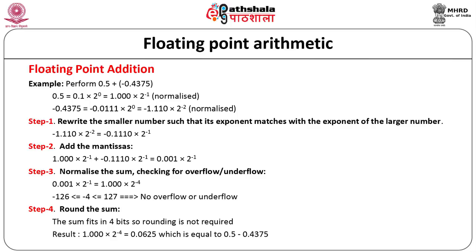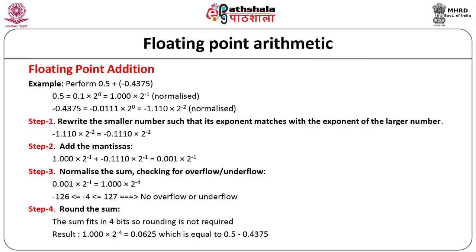In this section, let us begin with the interesting part, that is floating point arithmetic. We can perform all basic arithmetic operations with floating point. Let us start with floating point addition. The procedure is: first, rewrite the smaller number such that its exponent matches with the exponent of the larger number.